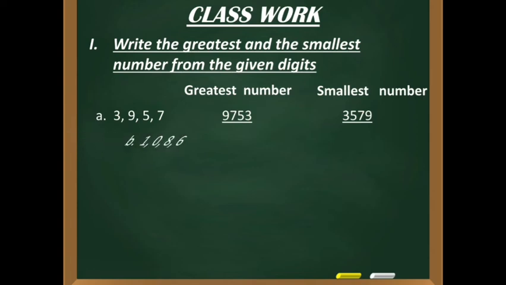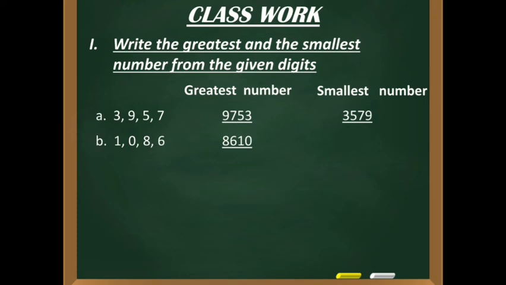Second one, 1086. So what is the rule? If 0 is there, you should not write it in thousands place. First we will see the greatest number. What is the biggest digit? 8. Then comes 6, then 1, then 0. So the greatest number is 8610.